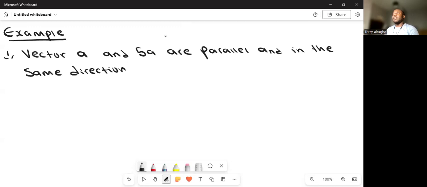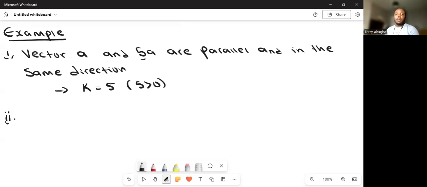If you have vector A, vector 5A, you can see the K here is 5. Because here the K is equal to 5, and 5 is greater than 0, that means it's positive, and therefore it's parallel in the same direction.